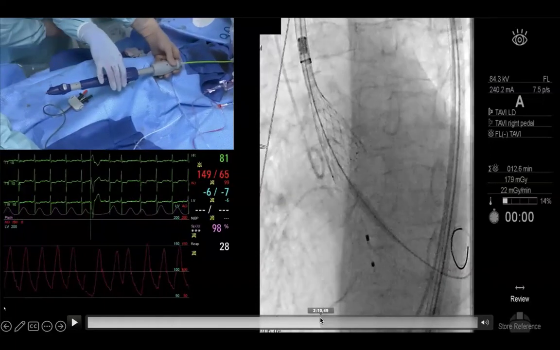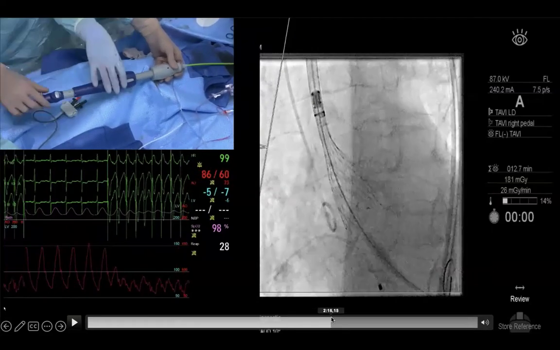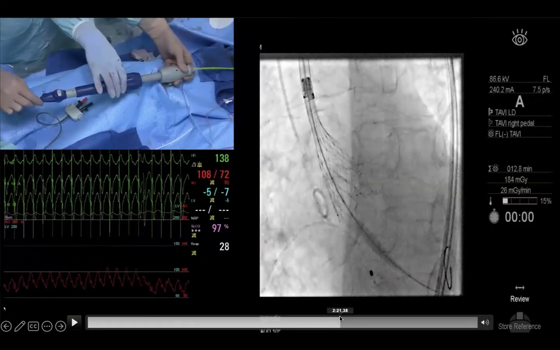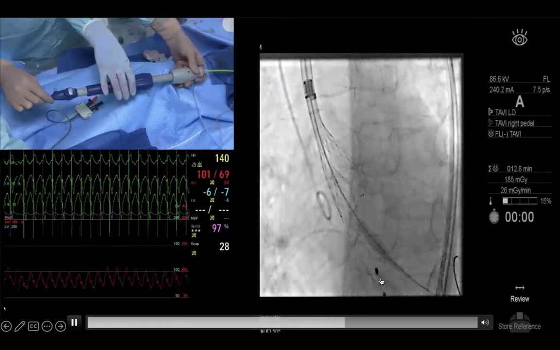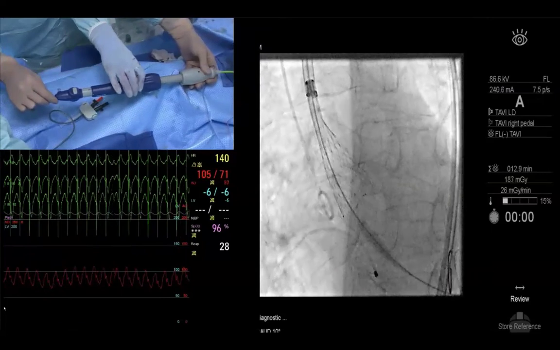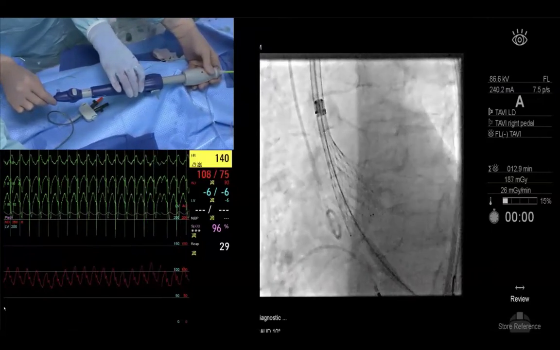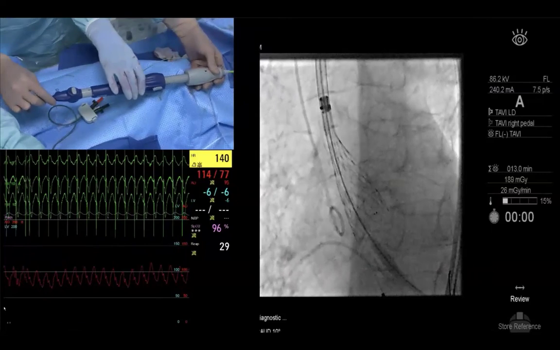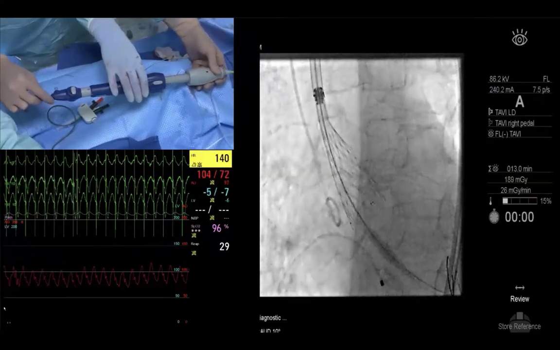Let's see what we do. We go for a small reposition. You see here. Oh no, we go for actually an expansion. We don't go for a reposition. We decided to expand the valve. Typically, we don't give pacing for the expansion, but okay, here we do apparently.